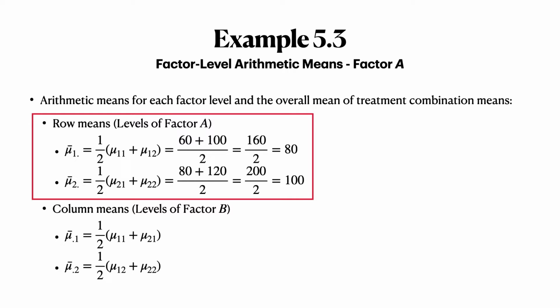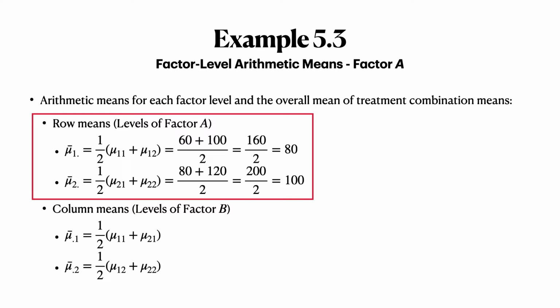But first, we're going to calculate the row means, in other words, the means of the levels of factor A. And so mu bar 1 dot, that is the arithmetic mean of the treatment means for those treatment combinations that have the first level of factor A. So the arithmetic mean of mu 1,1 and mu 1,2. And if we think in terms of the two-way table, that is the arithmetic mean of the treatment means in the first row of that table.